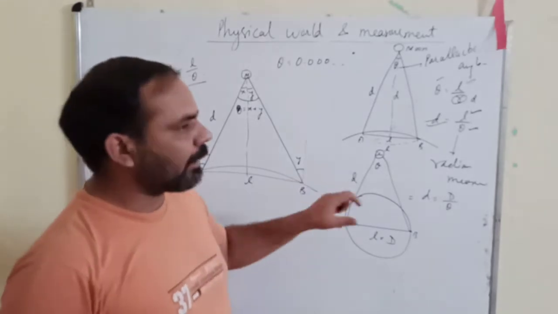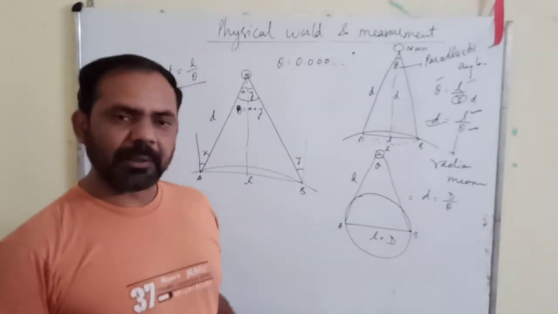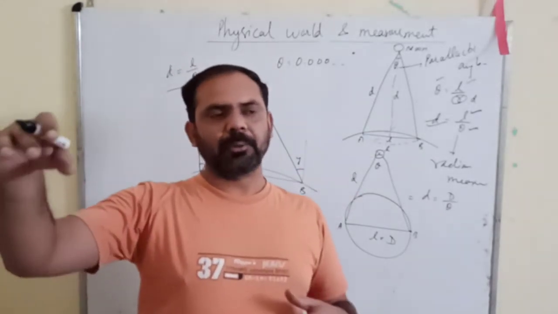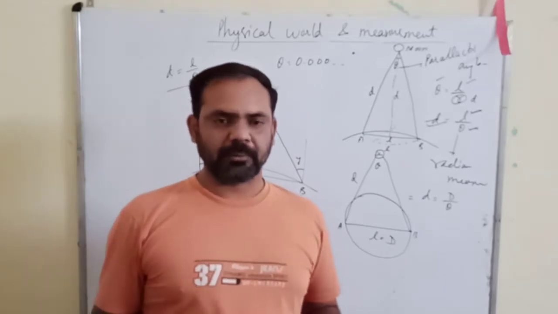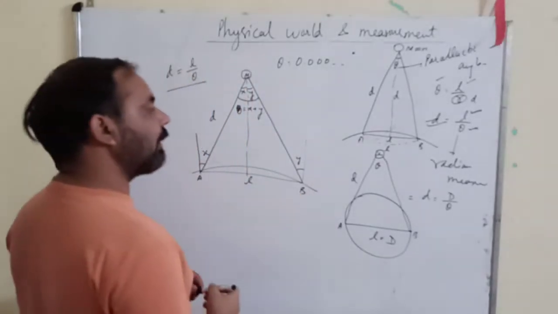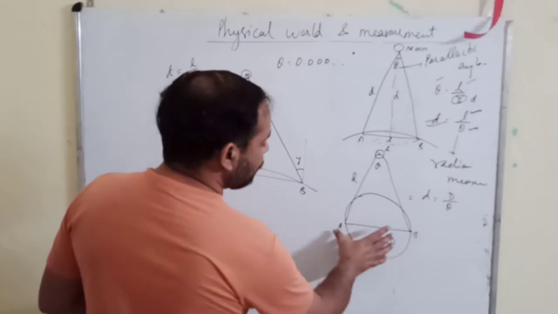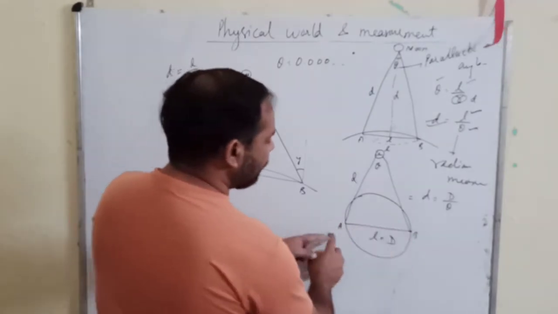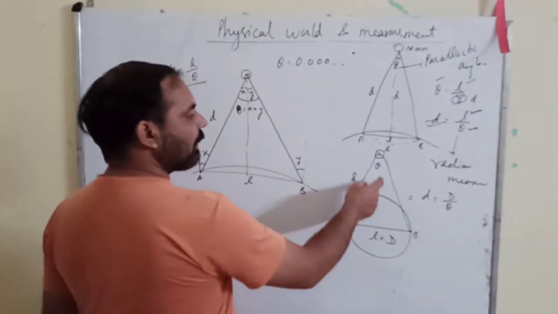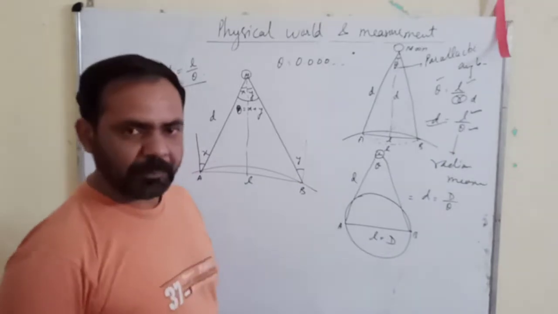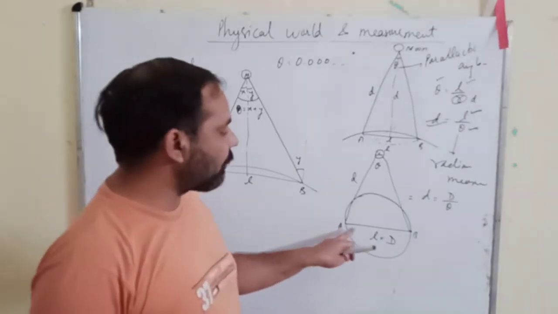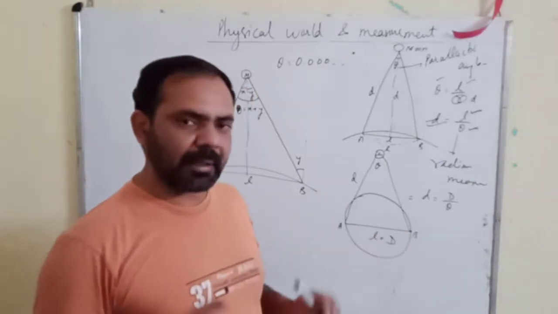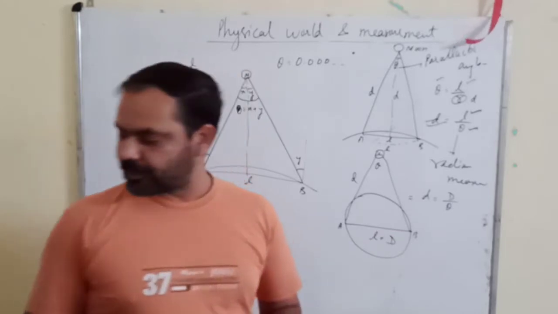But again, suppose not the moon, you want to measure the distance of Mars. Then in the case of Mars, even after the measurement from two diametrically opposite positions, the angle theta will be very small. It means that we need to increase that distance once again. Now how can you increase that distance further?